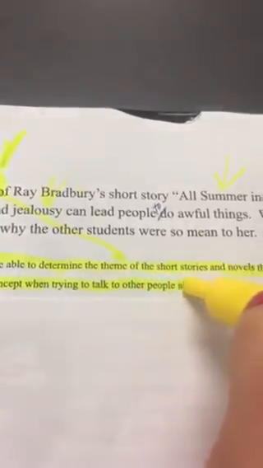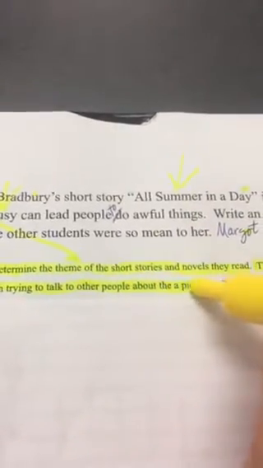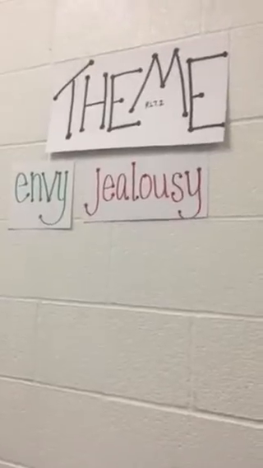Theme is an important concept when trying to talk to other people about a piece. So when we talk about this and we've got theme, always come back to this point here because I'm going to continue to add themes. That's envy and jealousy are what we started with, but I haven't even said anything. I'm still on the purpose.